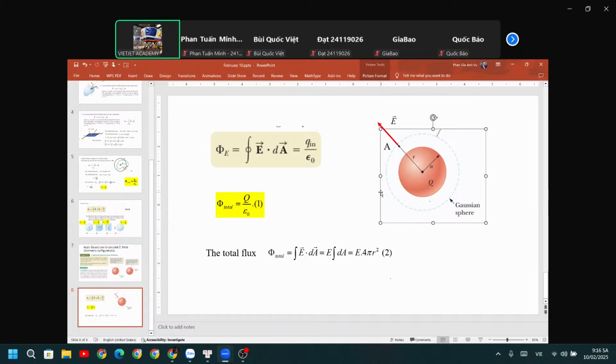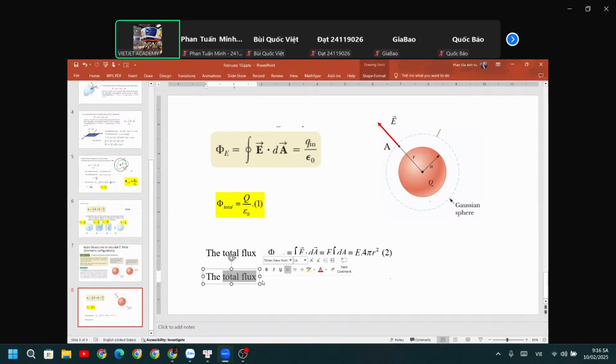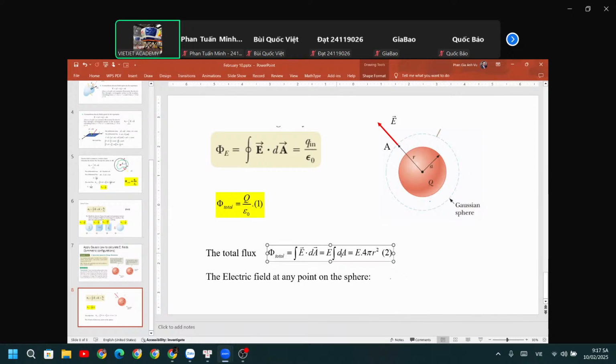And not only at the point A, at any point on the surface will be, from equations 1 and 2, what do you get?